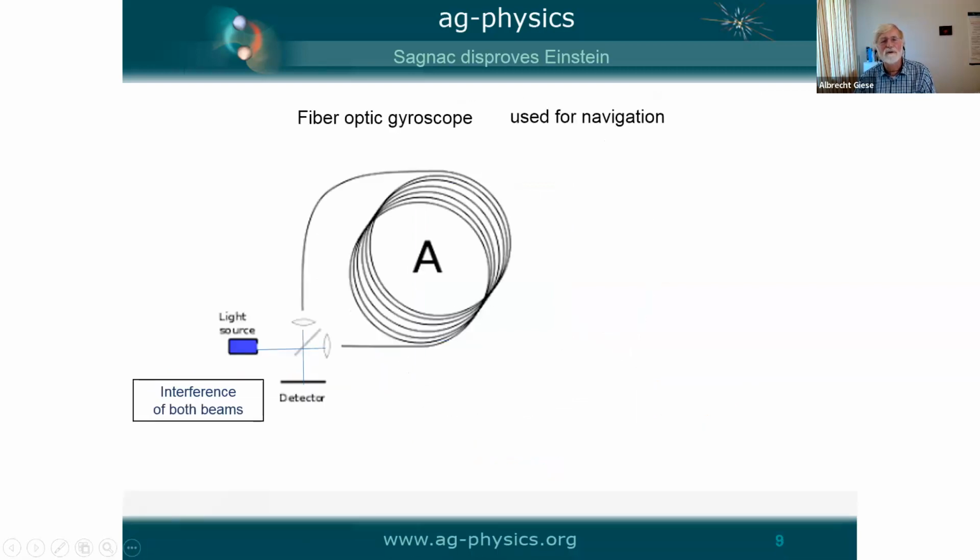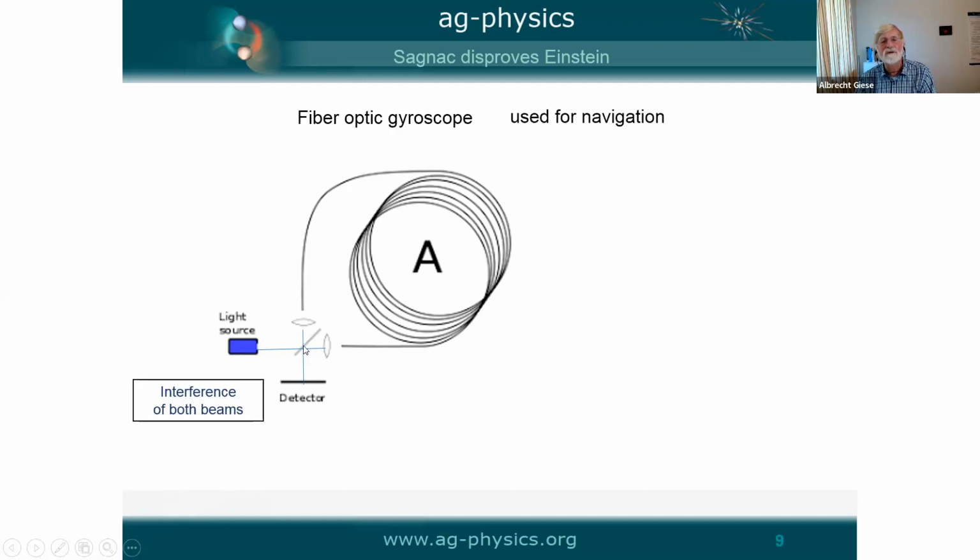So, this is used, for instance, here, what I've seen as a technical realization. Here, it's not mirrors, but we use a fiber optic and several windings. The more, the more precise is the whole thing, and it works the same.